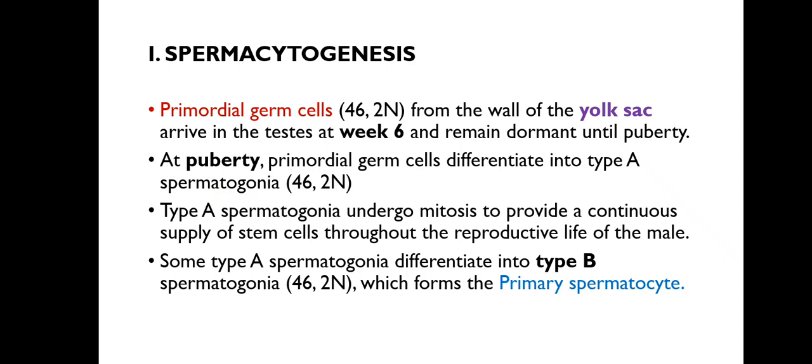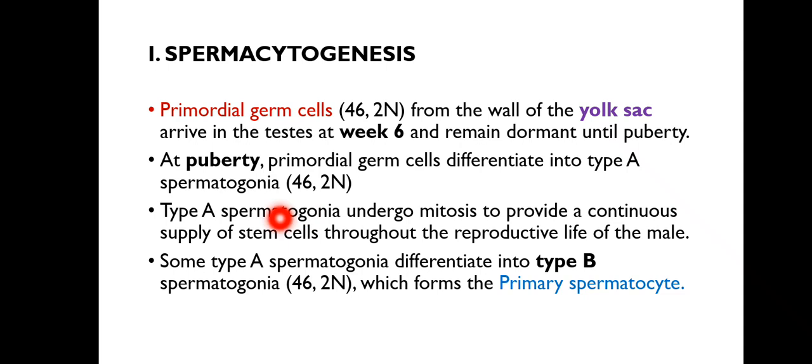Now you've reached puberty, you must start producing sperms. No wonder we are saying that at puberty the process continues, where these primordial germ cells change into type A spermatogonia. And this type A spermatogonia has 46 chromosomes, or 2N, the diploid number of chromosomes.